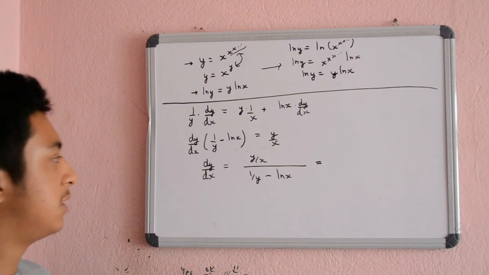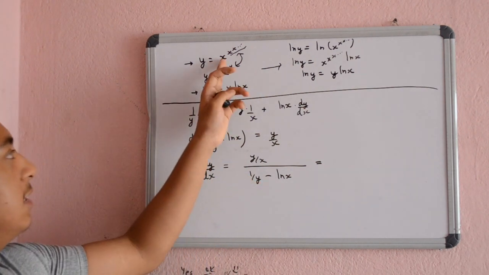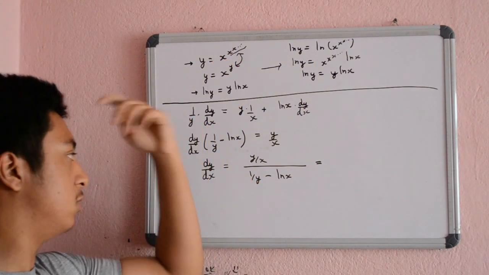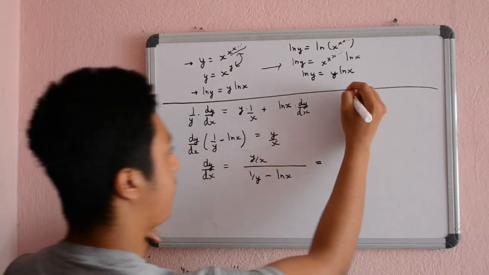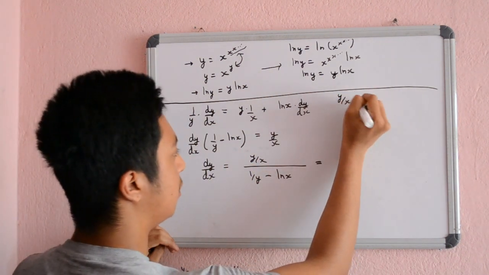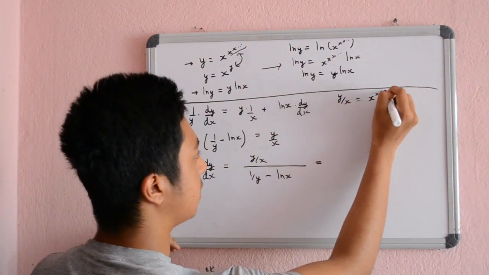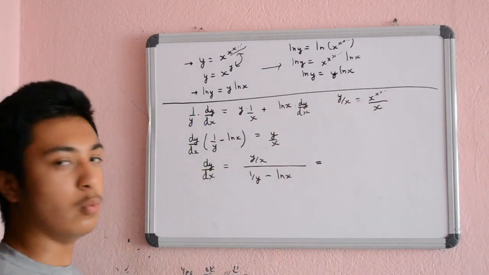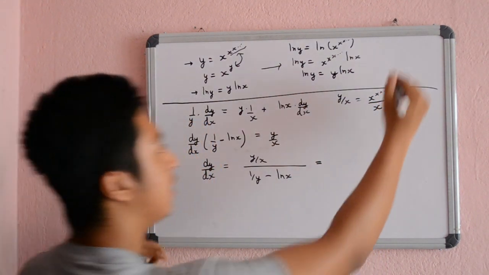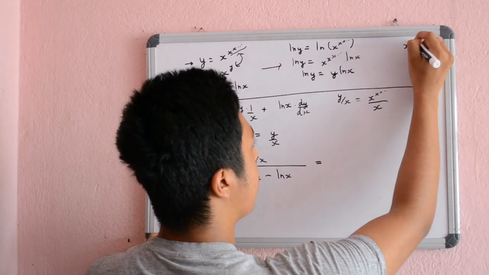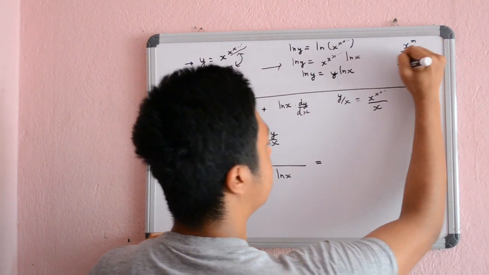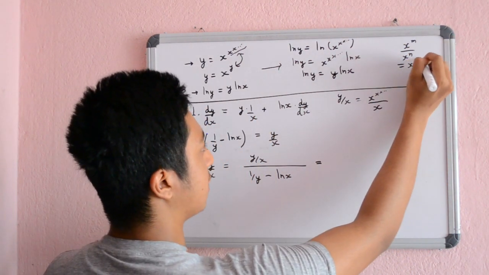But what I'm going to do is substitute y back in as this x to the power of x to the power of x and so on. So for y by x, let's look at what it is. We'll have x to the power of x to the power of x and so on, divided by x. Now we can use the indices law. If we have x to the power of m by x to the power of n, this will be x to the power of m minus n.